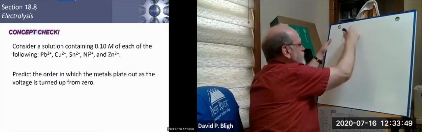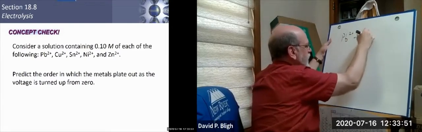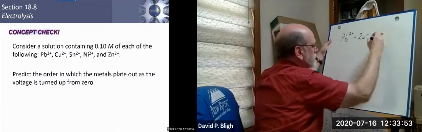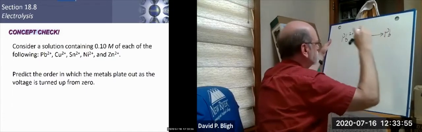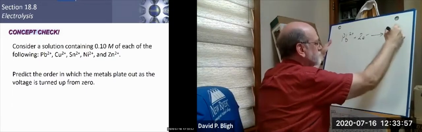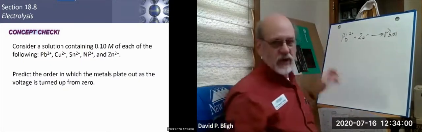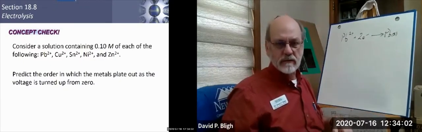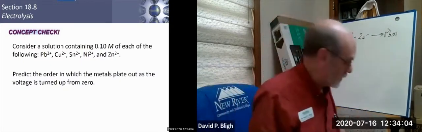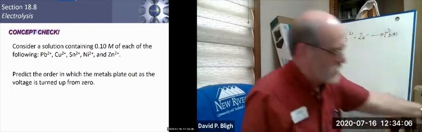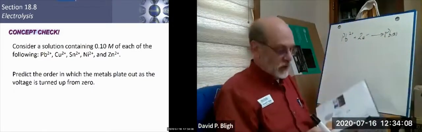Lead 2+ plus 2 electrons yields lead metal. So at what voltage does that half reaction occur? All right, so we need to get our table. We use the book.